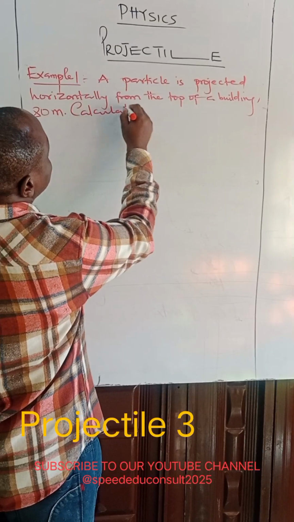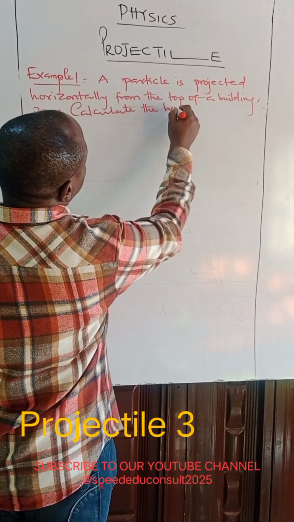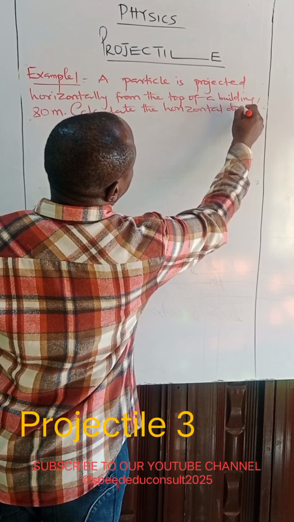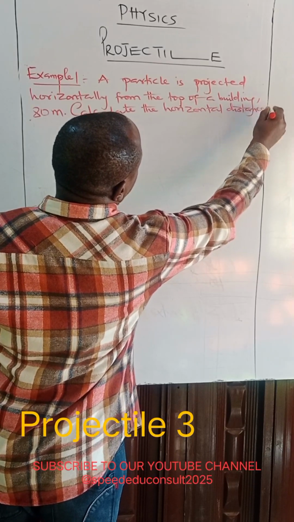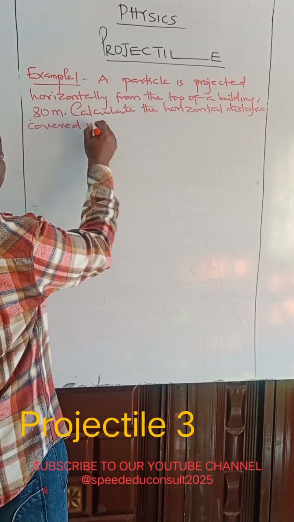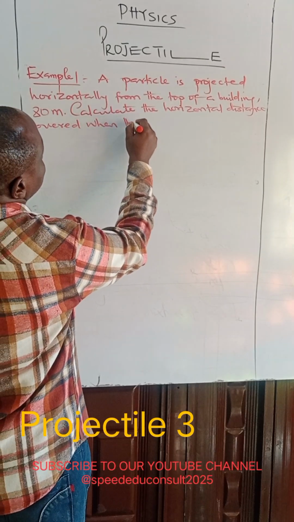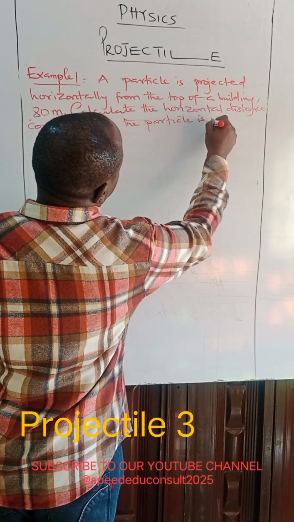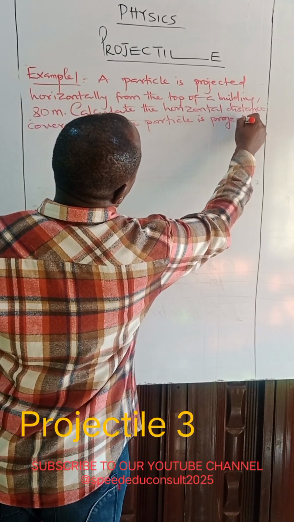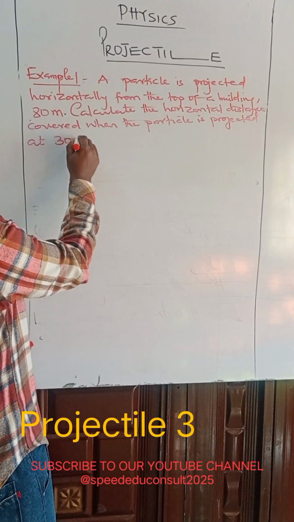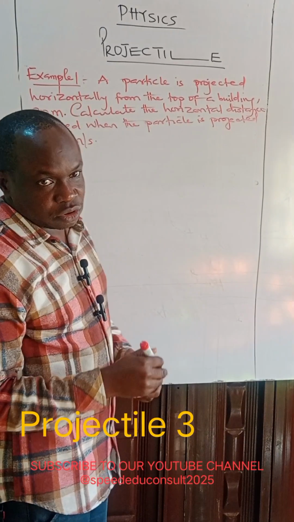Calculate the horizontal distance, that's the range, covered when the particle is projected at 30 meters per second.